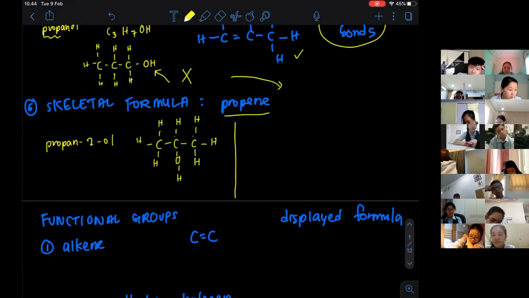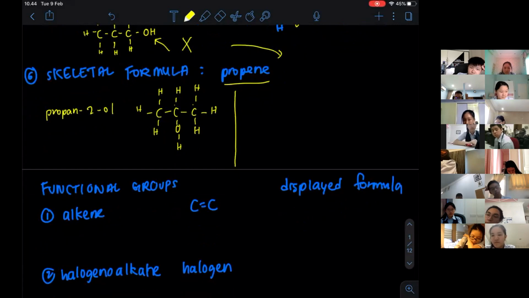Now, if it is structural formula, very easy. You see it, you separate. This carbon has 3H, so I put CH3. Then I have another carbon. This carbon is bonded to H and also OH.